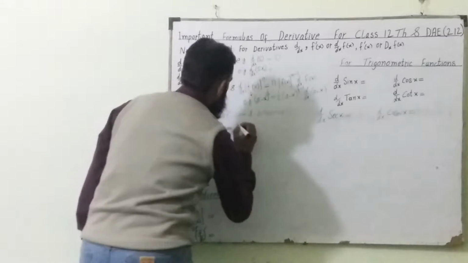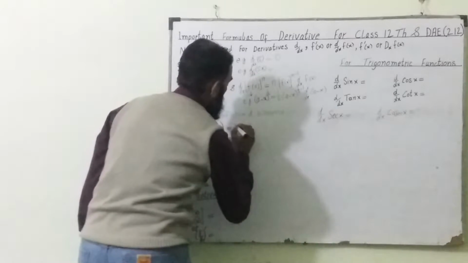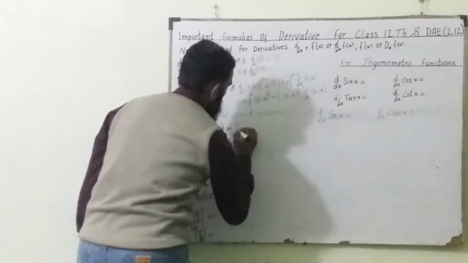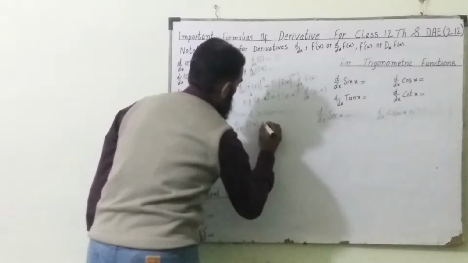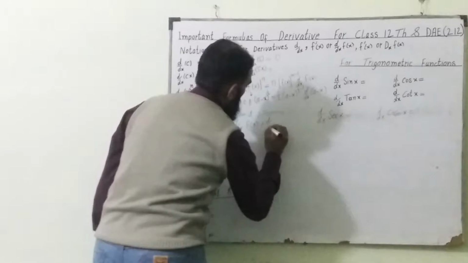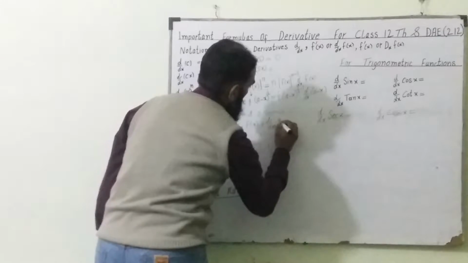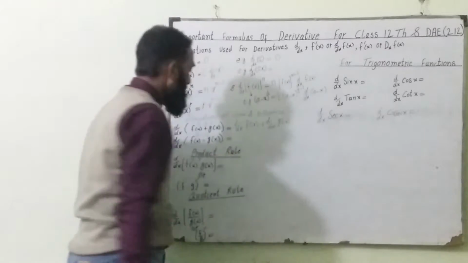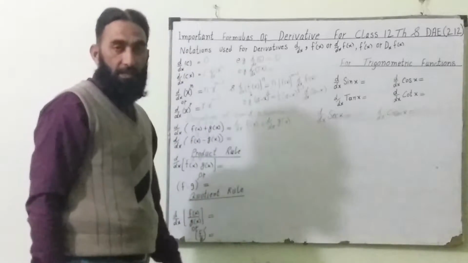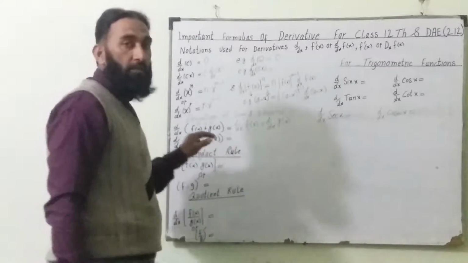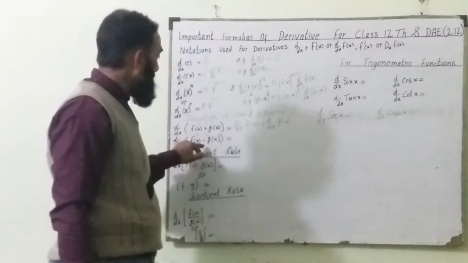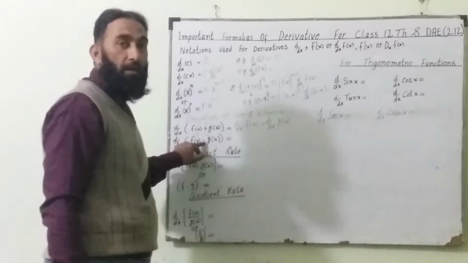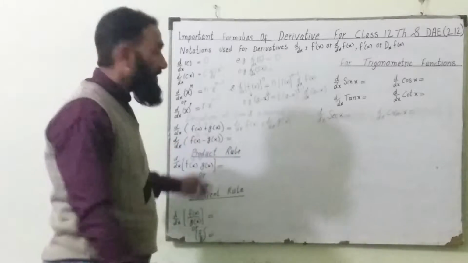So just apply the derivative separately to these terms: the derivative of f of x plus the derivative of g of x. And here is another, just like the example of the difference. If there is a minus, it means this is the example of the minus.